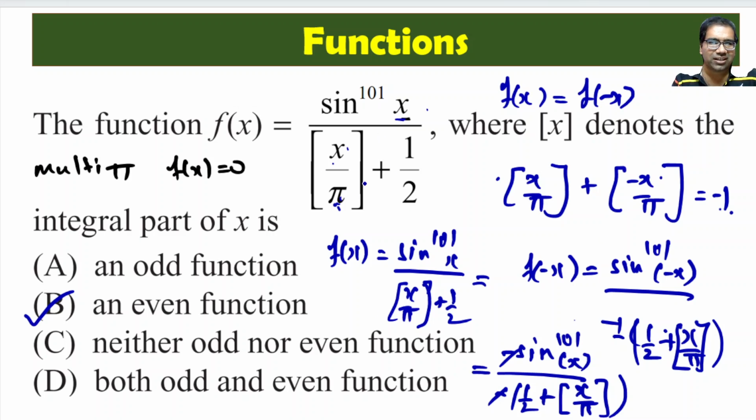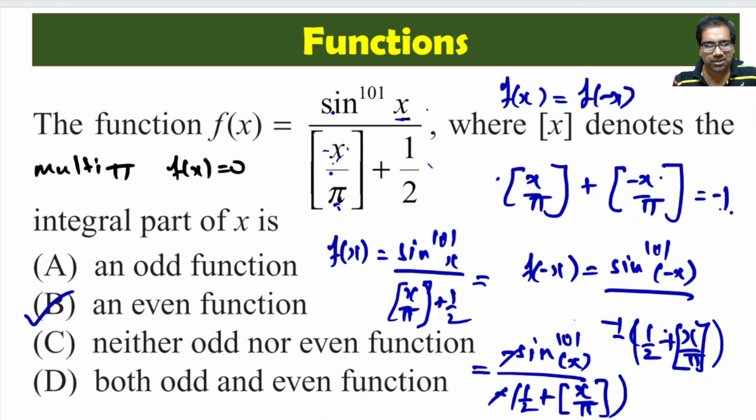Very simple. First, we tried to prove this using some number like 3.1 or minus 3.1 whatsoever. Now we have generalized this. Right? Whenever x by pi is not an integer, this one is equal to minus of this one. Right? The sum of this is equal to minus of again this one.